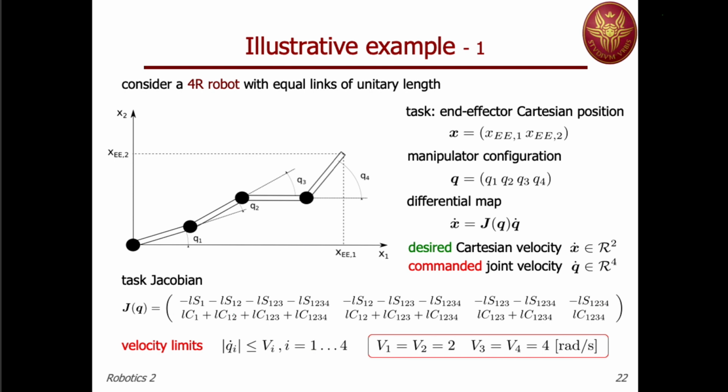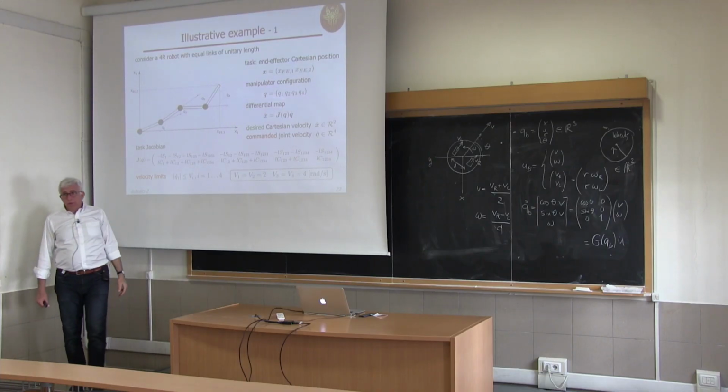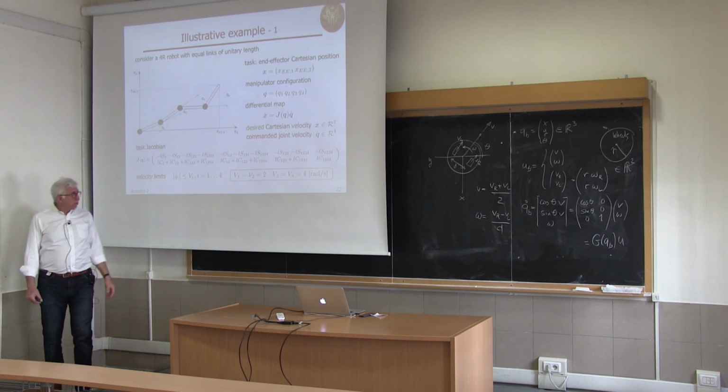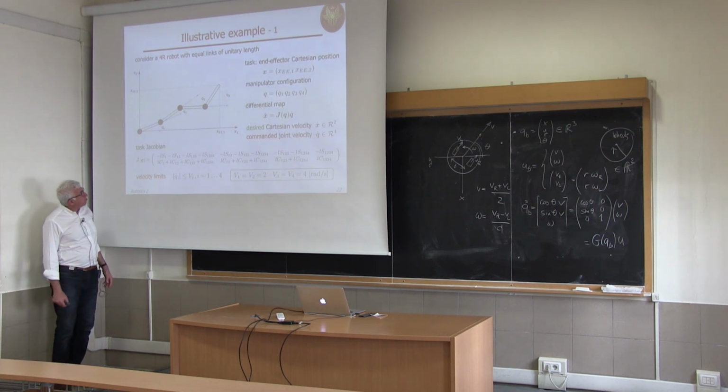So we have a differential map, which is specified by a task Jacobian, which is 2 by 4. And if you are using the Denavit-Hartenberg relative coordinate, the Jacobian will be this one with this shorthand notation. For instance, S1234 means the sine of Q1 plus Q2 plus Q3 plus Q4, and so on.